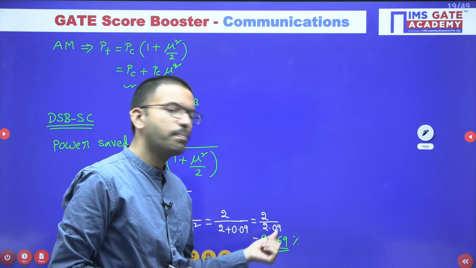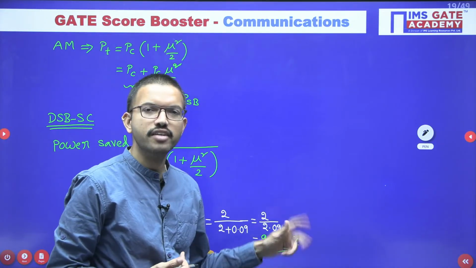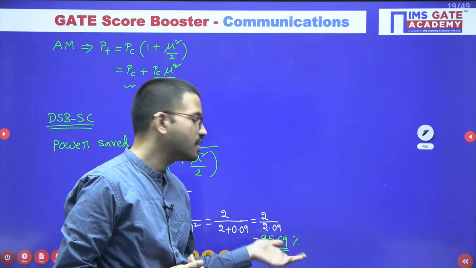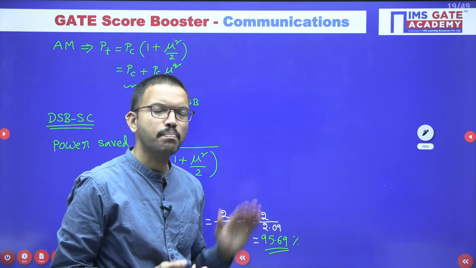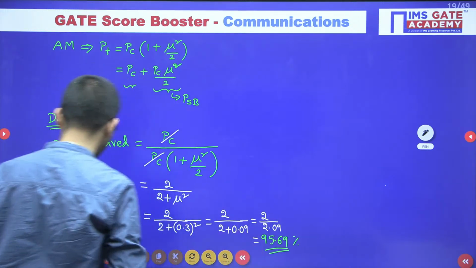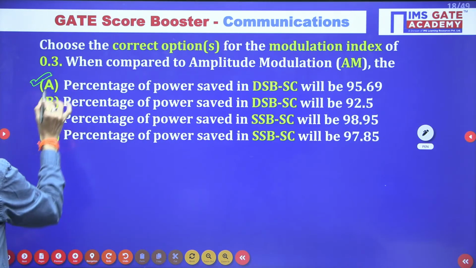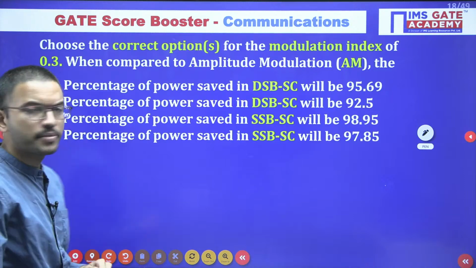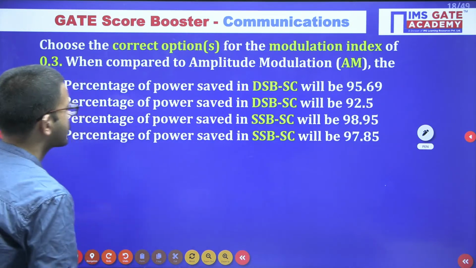Whatever value you got, multiply and divide with 100. So 0.9569, when multiplied with 100, gives 95.69 percent. Percent, cent is nothing but 100. So 95.69 is in option A. That means straight away you can eliminate option B, because both are related to DSBSC. I hope it is clear.